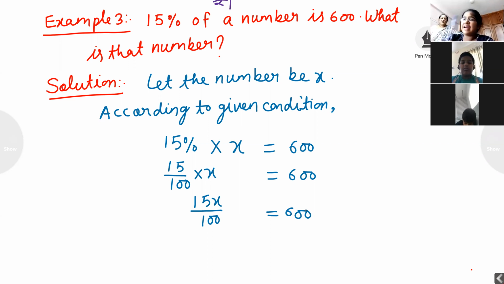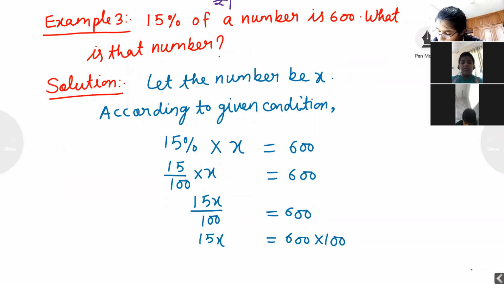Then the 100 is a division quantity, it becomes multiplication. 15x is equal to 600 into 100. Now 15x, what is the meaning of 15x? 15 into x. Multiplication quantity becomes division.